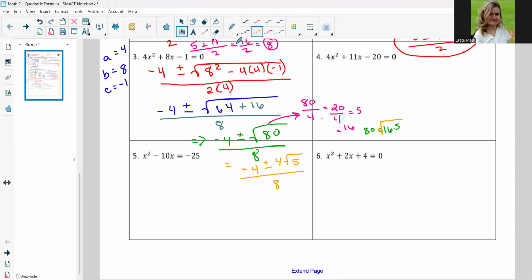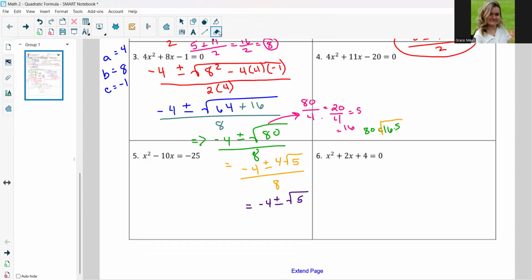But we can actually simplify this even more. Our denominator is 8. We can simplify this because 4 can go into 4 one time, and 4 can go into 8 two times, and so can this 4 right here. So we can really simplify this to negative 4 plus or minus the square root of 5.